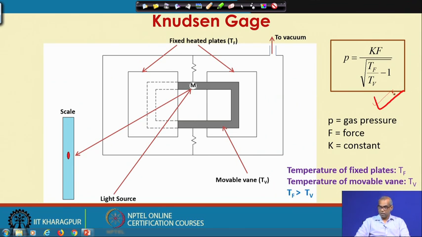T f is the temperature of the fixed plates and T v is the temperature of the movable vane. Note that the fixed plates can be heated up by an electric arrangement. So, you can install a heater to heat up the fixed plates and we must measure the temperature of the fixed plate and the movable vane exactly.